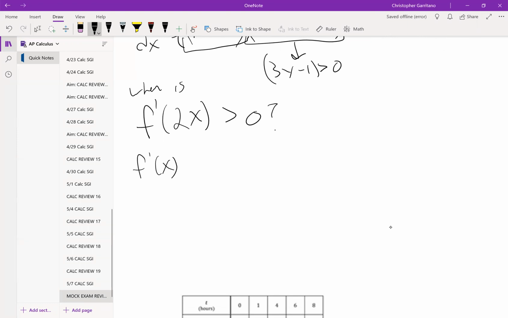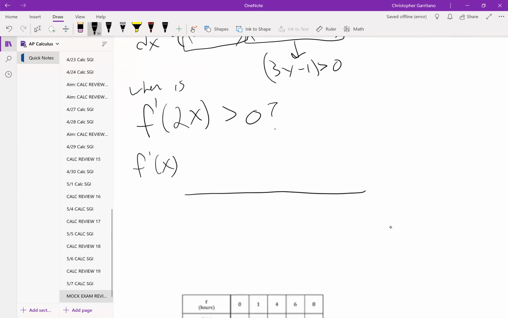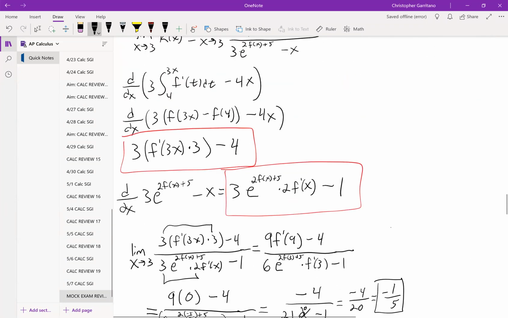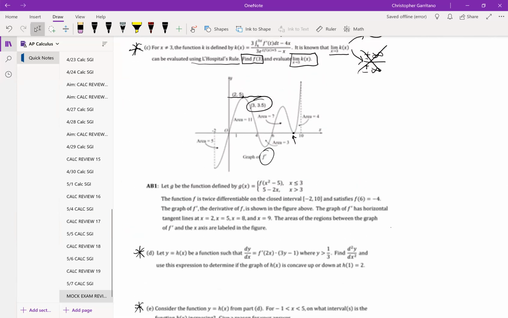So I'm first going to analyze f prime of x between -1 and 5, and then we'll convert to 2x in a moment. So here's the graph of f prime. We see that f prime of x is equal to 0 when x equals 0, 4, 6, and 9.